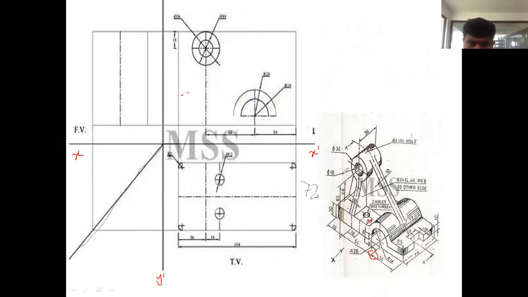Next, in the front view, we'll be drawing this one. This is the front view, this is the top view here, and this is the RHS side. First, very first, you have to draw the X line and Y line.